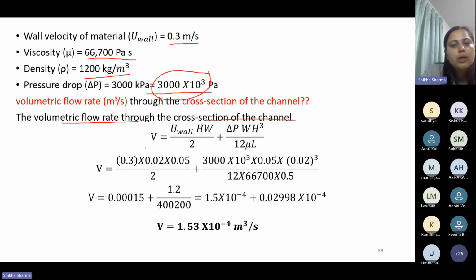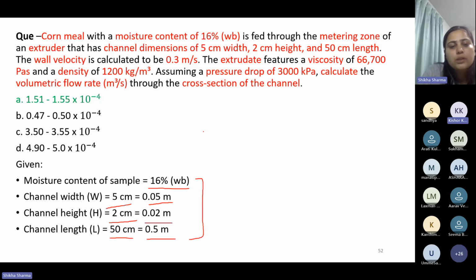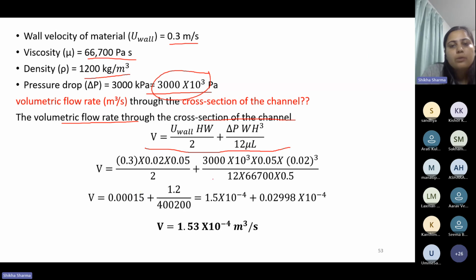So the formula is V equals the velocity of the material in touch with the wall, into H into W, the channel height and the channel width, divided by 2, plus delta P, the pressure drop, into W, the channel width, into channel height cube, divided by 12 into viscosity into the length of the channel L. Everything is given, we just need to put it in the formula.